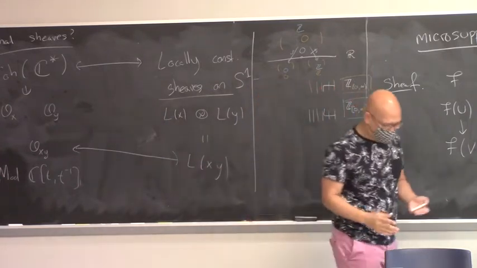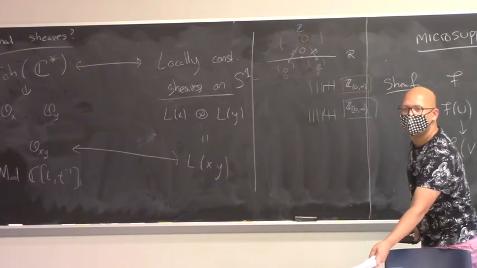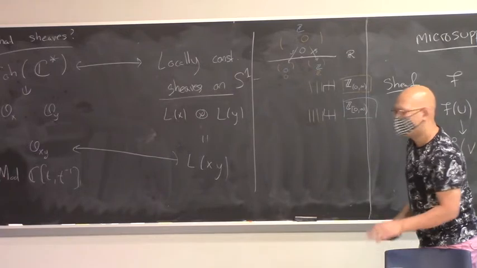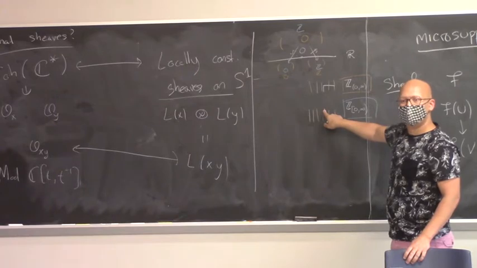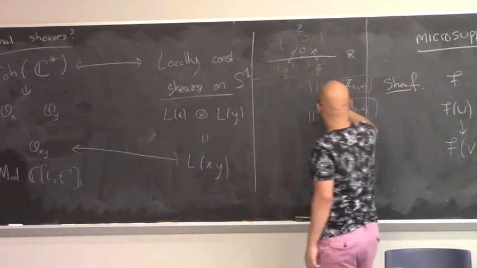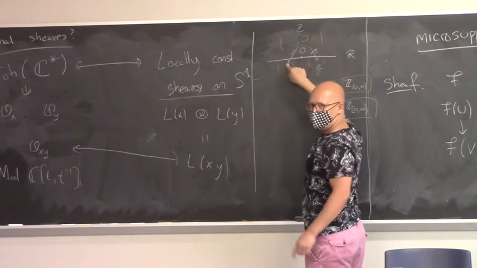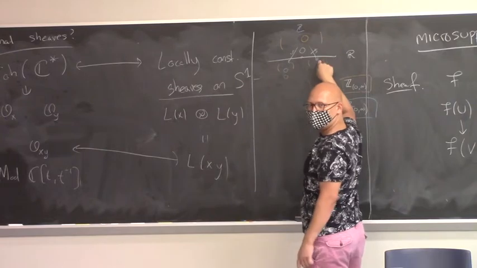Sorry, in the strictly positive part, shouldn't the microsupport be the whole vertical line? No. Well, in both examples, the reason it's not the whole line is that the restriction in one direction is not an isomorphism, but the restriction in the other direction is an isomorphism.